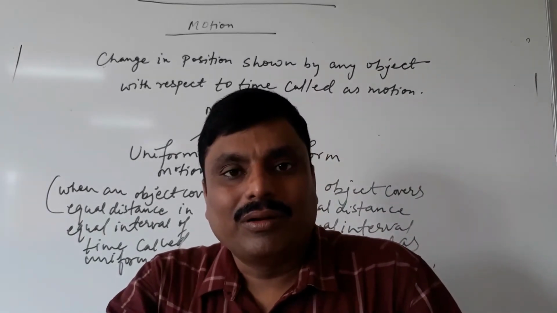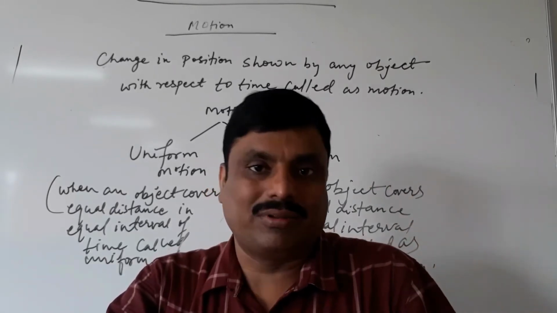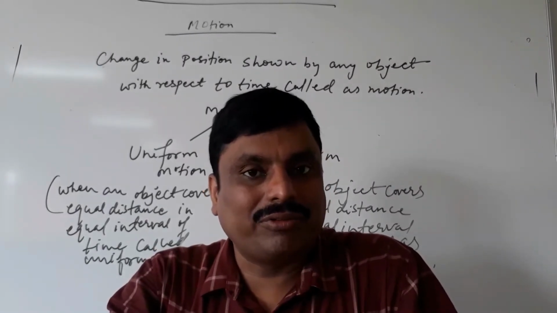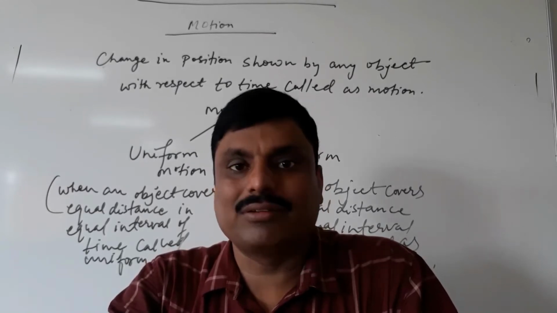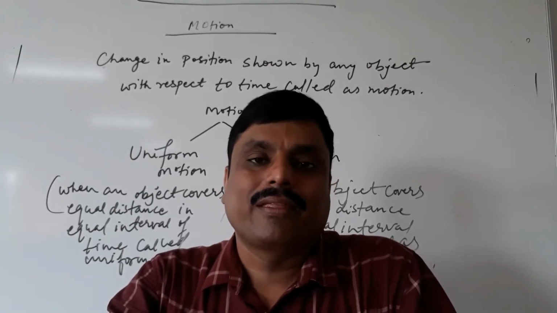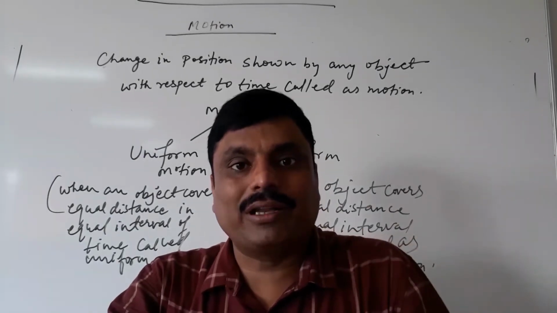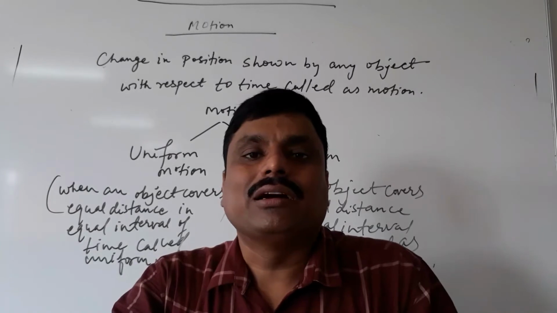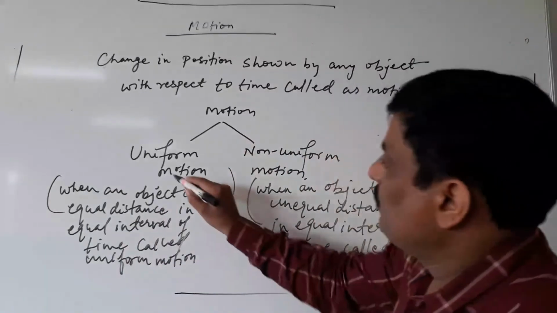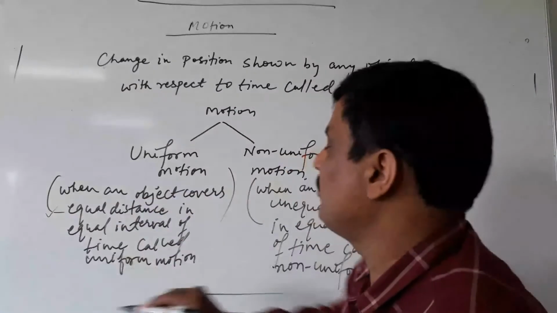In non-uniform, the body covers unequal distance in equal intervals of time. So motion is of two types, uniform and non-uniform. These are their definitions.